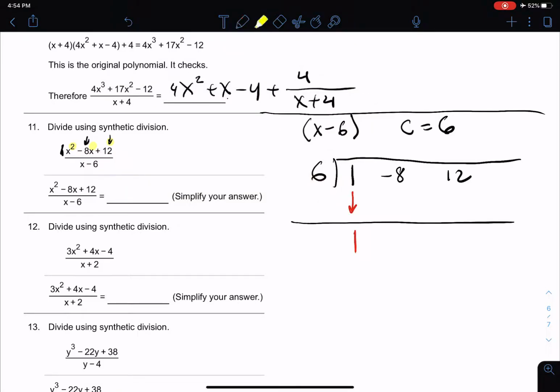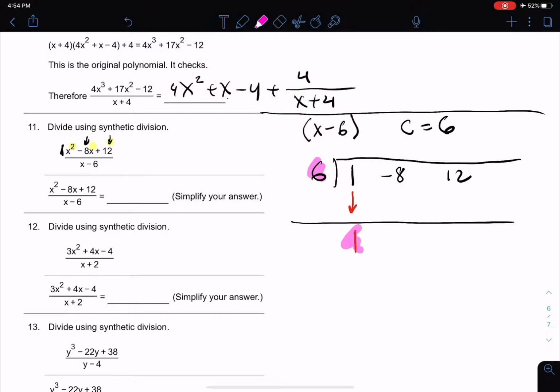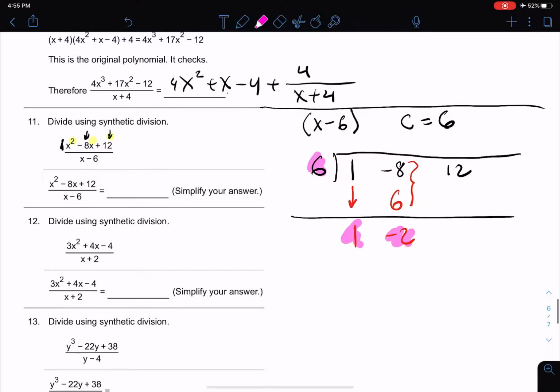Now we multiply 1 times 6, which gives us 6. Then we add, and we get negative 2. Then we multiply. Negative 2 times 6 gives us negative 12. Then we add a positive 12 and negative 12 gives us 0. So this has a remainder of 0.